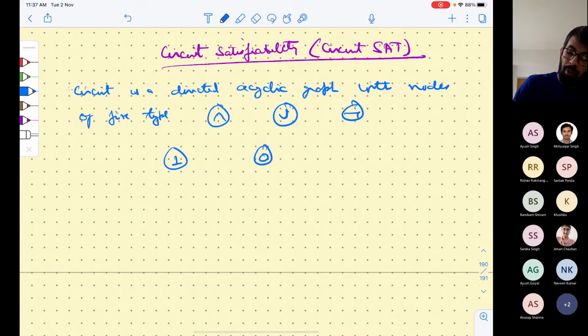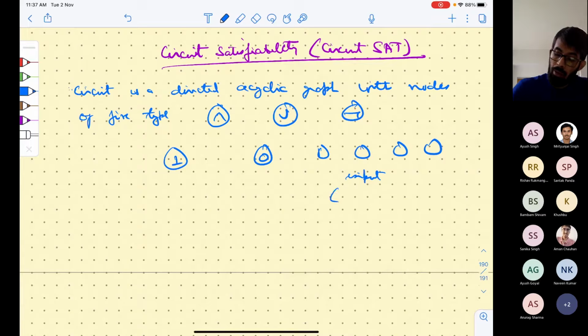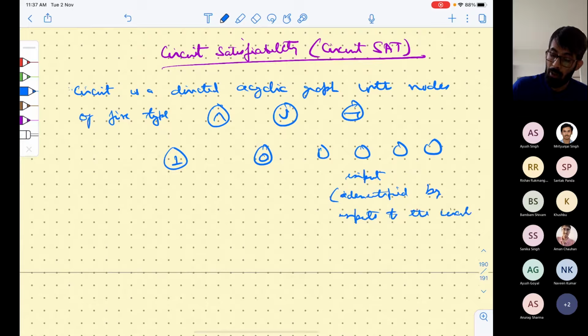and 0. And then you have these input nodes, which are identified by the inputs to the circuit. These are constants, and this is AND, OR, and NOT.